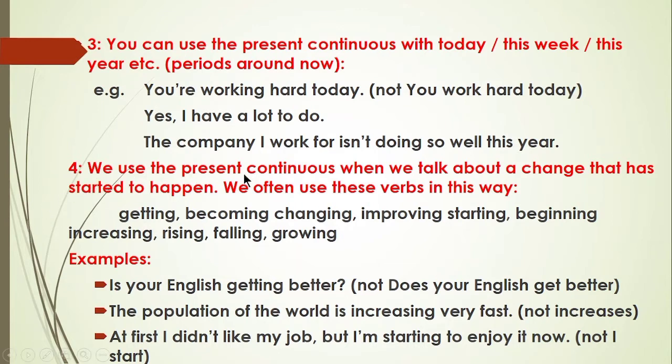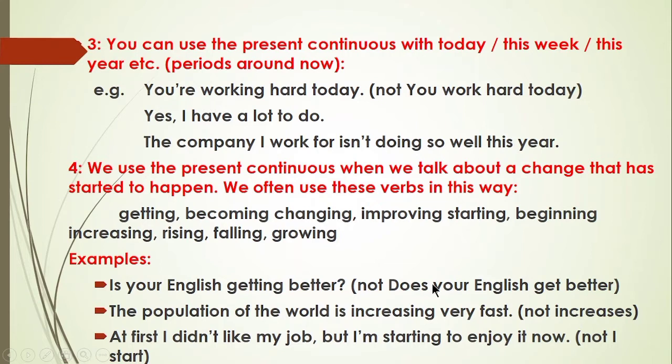Next, we use the present continuous when we talk about a change that has started to happen. We often use these verbs in this way: getting, becoming, changing, improving, starting, beginning, increasing, rising, falling, growing. So these are the words we normally use for a change that is happening or that has started to happen. For example, is your English getting better?